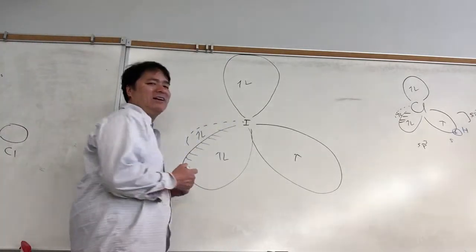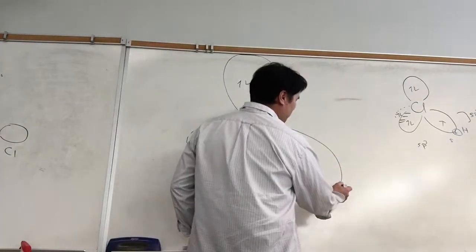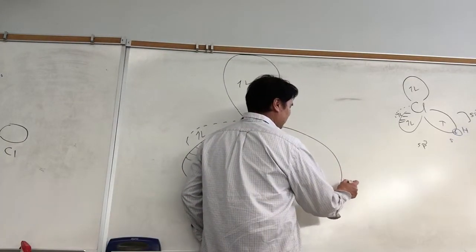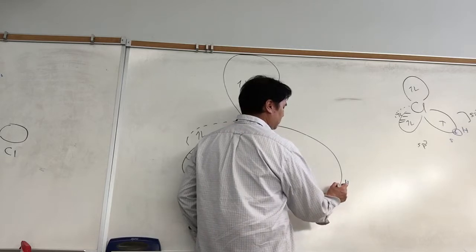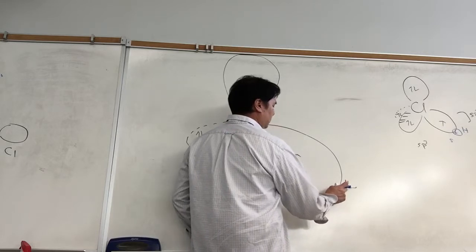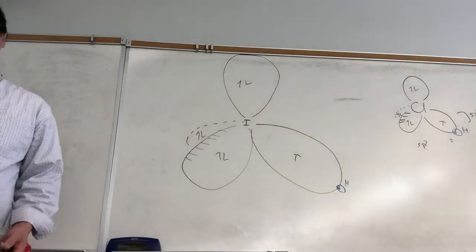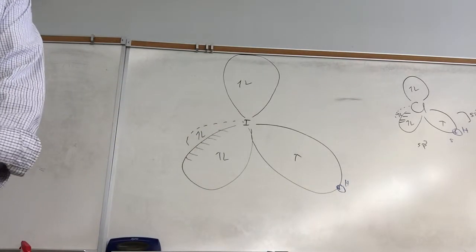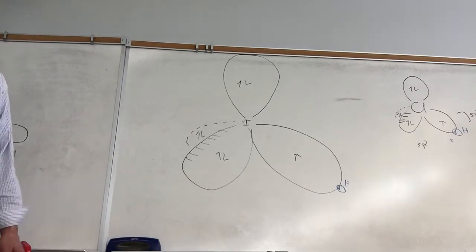All right, so now we have a hydrogen that's bonded here. Hydrogen 1s. When we look at the bond, this is a valence bond.